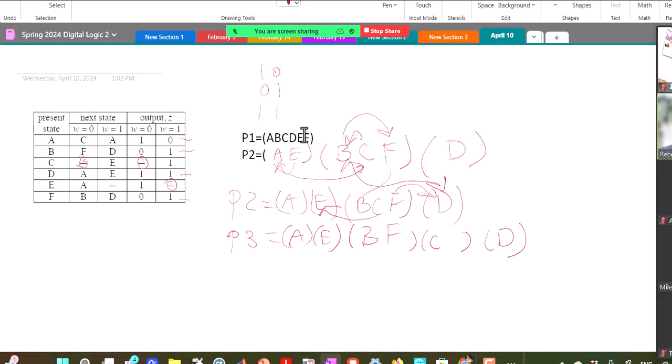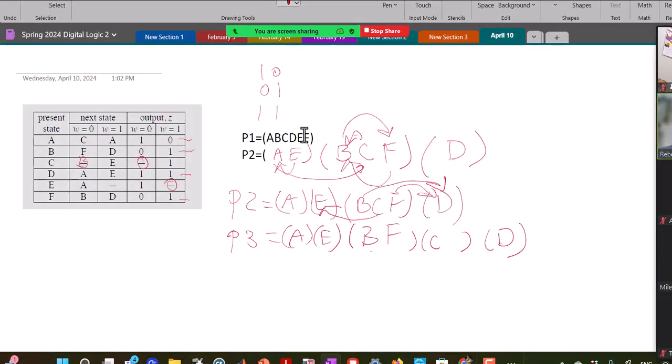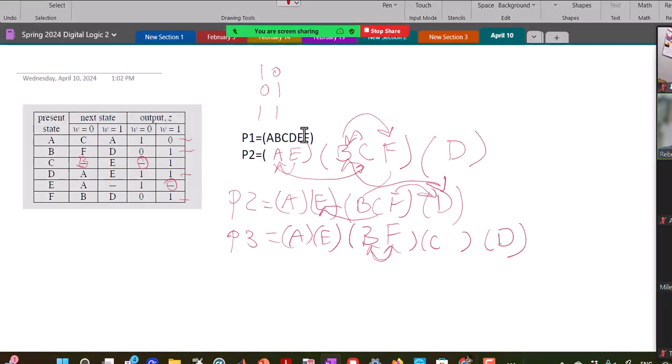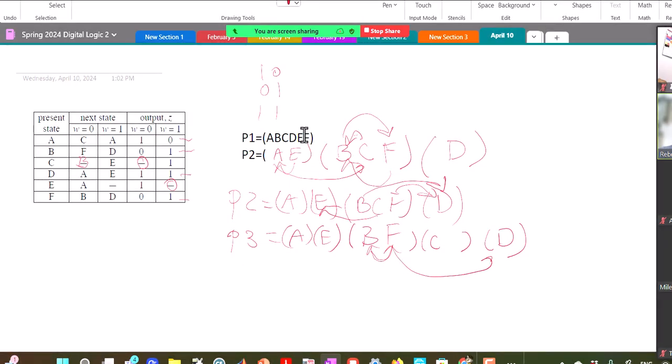So when W equals 0, B goes to F, and when W equals 0, F goes to B, so that's fine. When W equals 1, F goes to D, and B also goes to D, so they're fine.